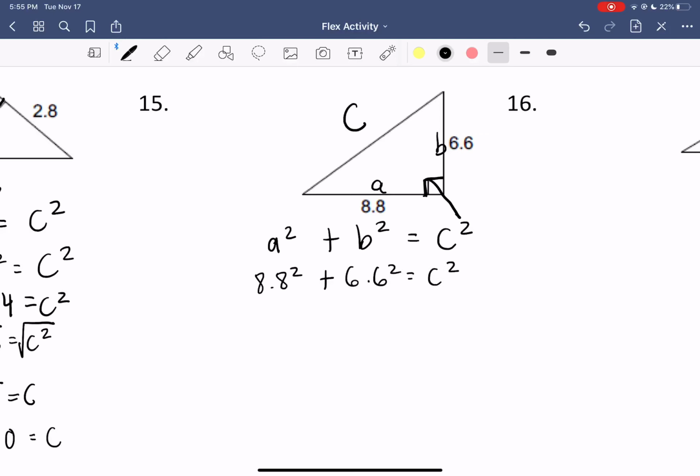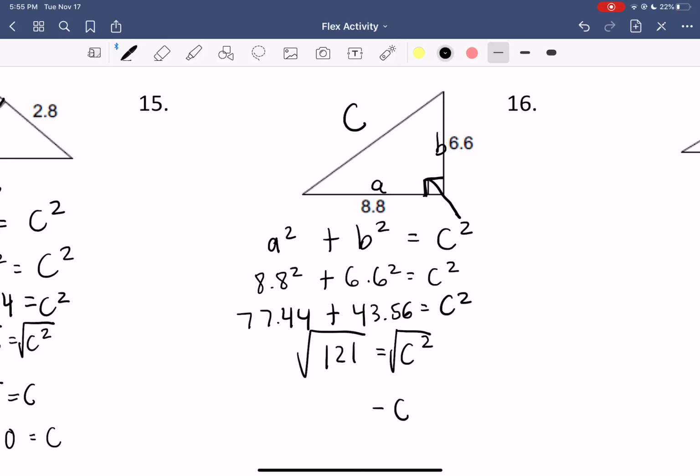So 8.8 squared is 77.44. 6.6 squared is 43.56, and then we don't know c squared. So we're going to add those two up on the left, 77.44 plus 43.56, and we're going to get 121 equals c squared. And then we're going to take the square root of both sides, and we'll get c equals 11.